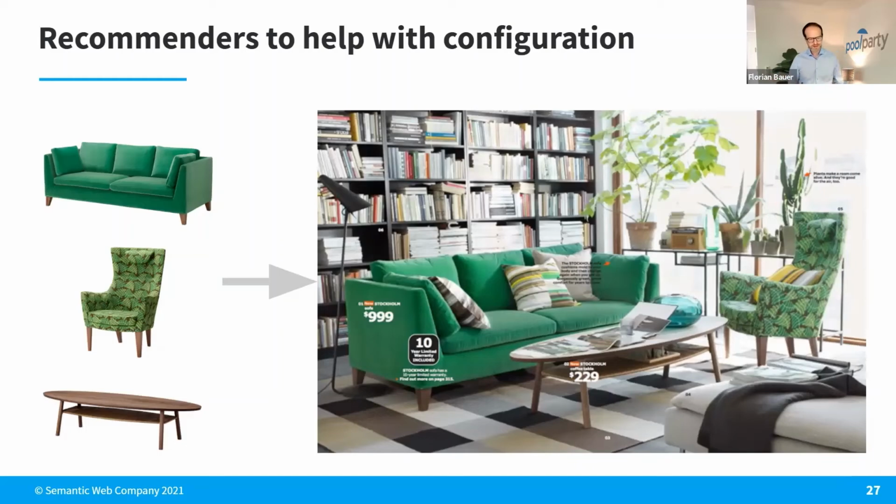And maybe there is another constraint, that I have a cat at home, so I would not want to have material recommended that goes bust after the second time the cat ran over it. This is the personalized offers I'm talking about that we can achieve with recommender systems based on knowledge graphs and semantic AI.